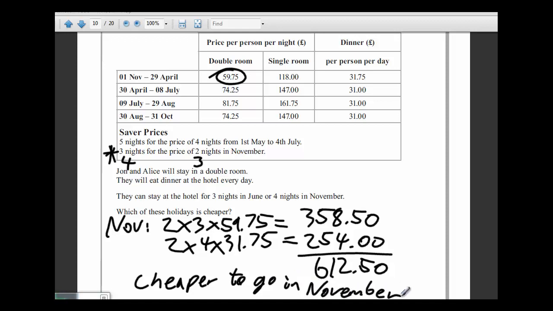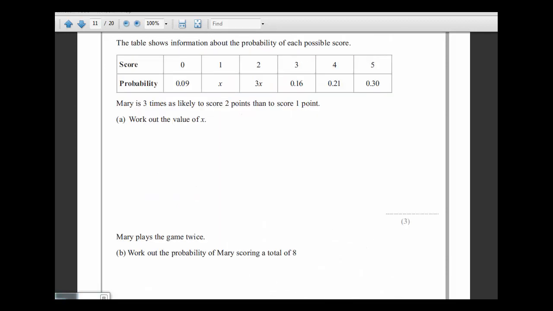And it really is important to have that final phrase. The examiners are looking for you to come to a conclusion, to say that it is cheaper in November. Okay, so we now want to work out the value of x in this probability table. Now we know that if we add all the probabilities up together, they should add up to 1.